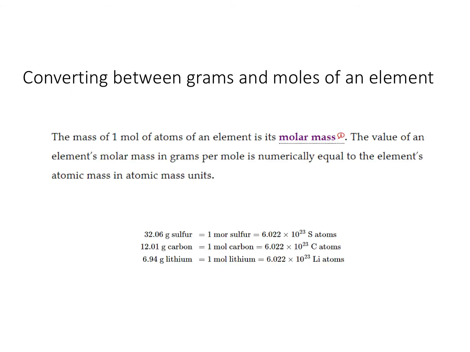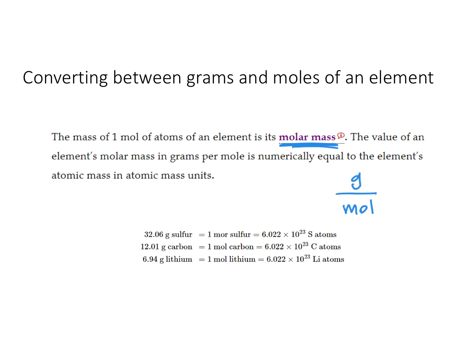Okay. The other thing that we learned in the last sessions is molar mass. Molar mass of an element is the mass of 1 mole of that element. Molar mass of sodium hydroxide would be the mass of 1 mole of sodium hydroxide. And the unit is gram per mole.